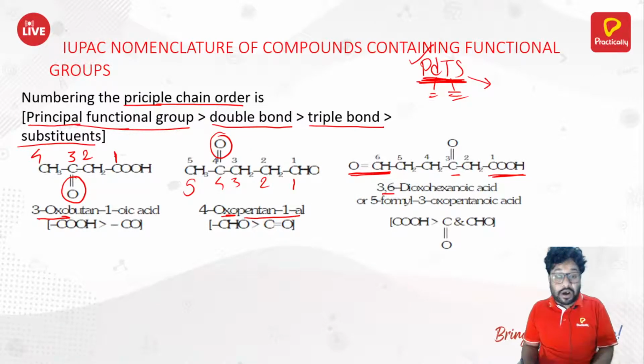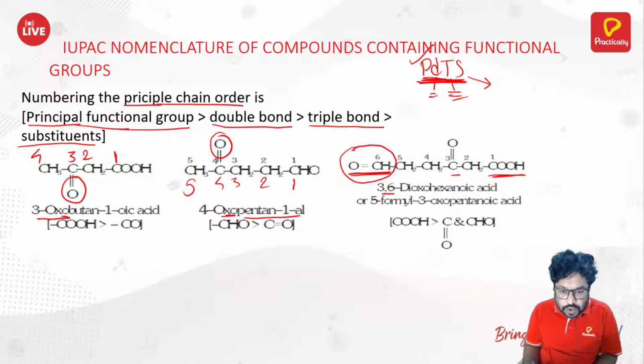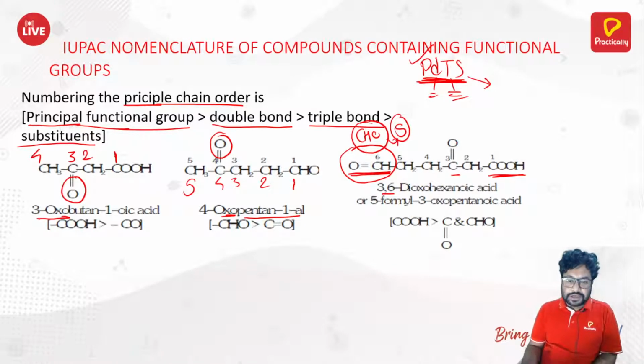Or there is an option. You can just omit this CHO group. You don't consider that into the chain. You consider the whole CHO group as a substituent. In that, you count till fifth only.